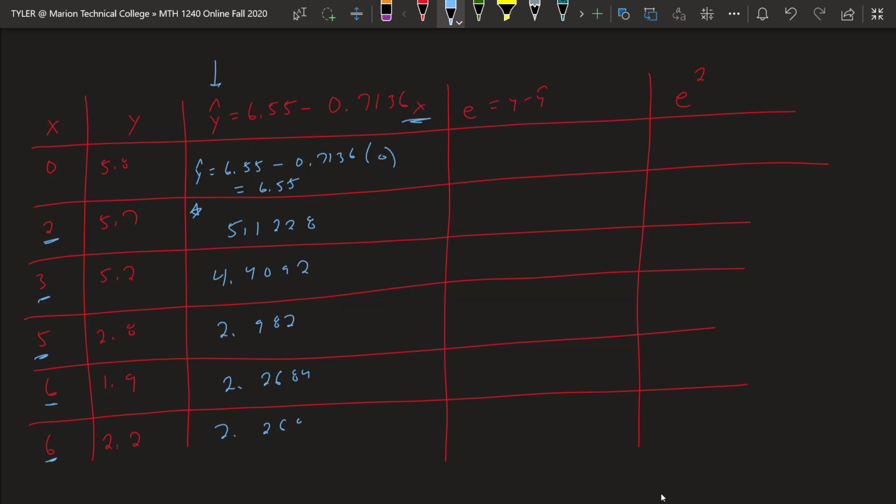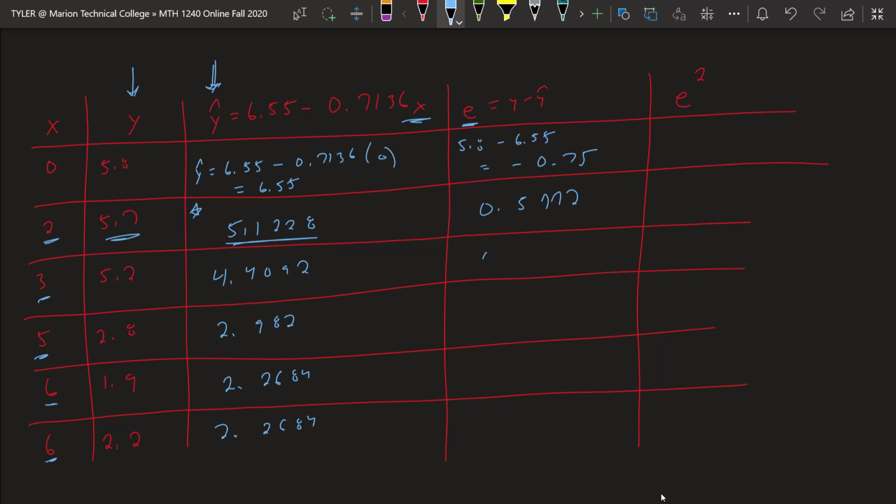Right? So now to calculate the error, the residual, you're going to take y minus y hat, so you're going to take this column minus this column. For the first one, you would take 5.8 minus 6.55, and that gives you negative 0.75. Then for this next box, you would take 5.7 minus this number, so you get 0.5772.